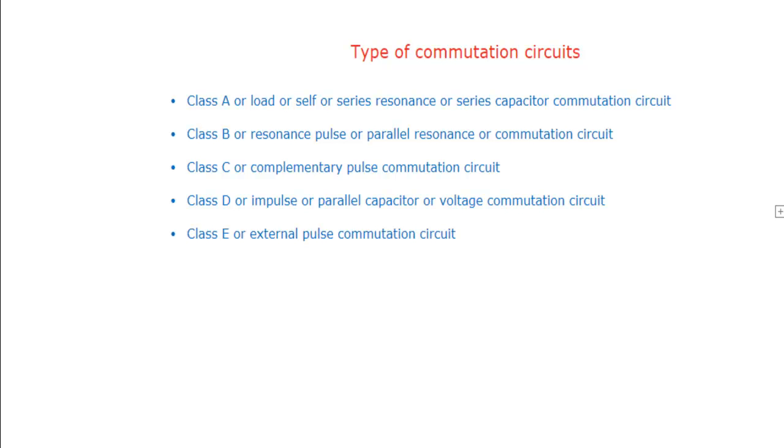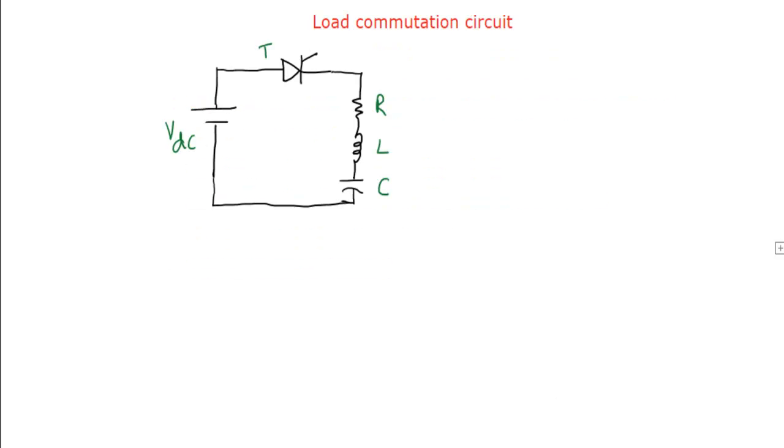Most of the time we do not use it because of the cost, but wherever you need isolation, we will go for that. And the last one is class F, or line commutation, which is broadly called natural commutation. So these are the different types. We'll discuss them one by one and see what exactly each one means.